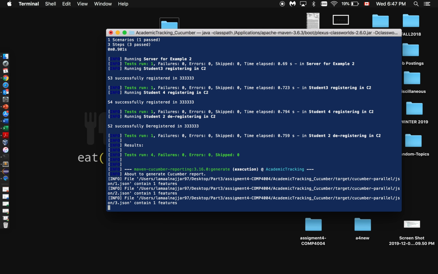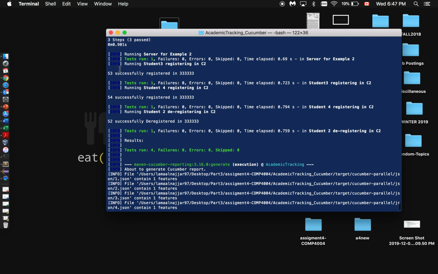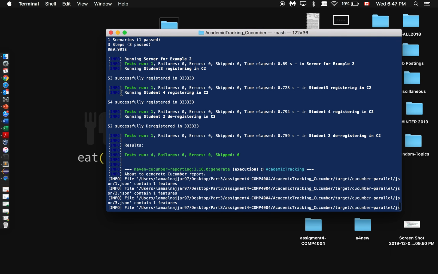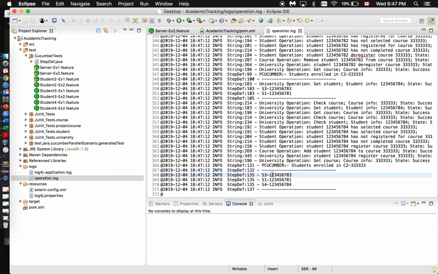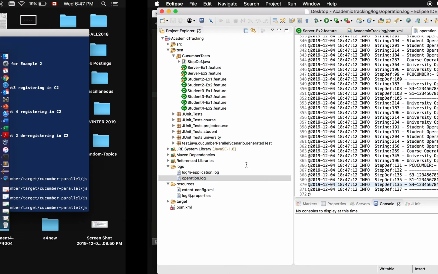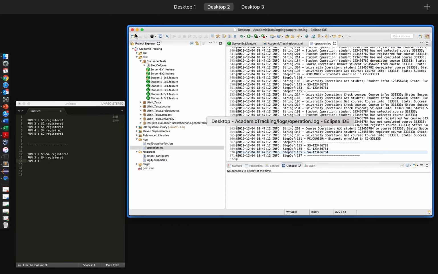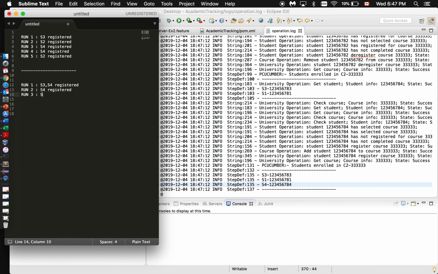So this time both students were able to register, which means that S2 has registered last. So in the third attempt, S3 and S4 registered.